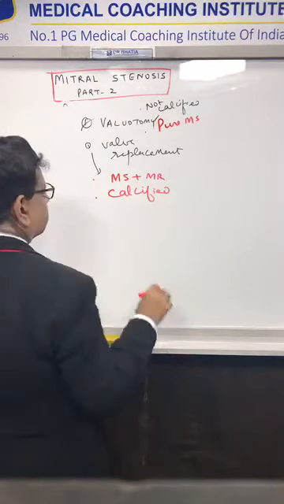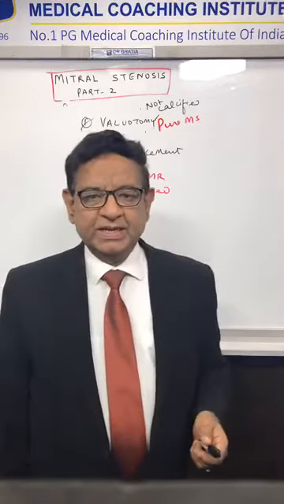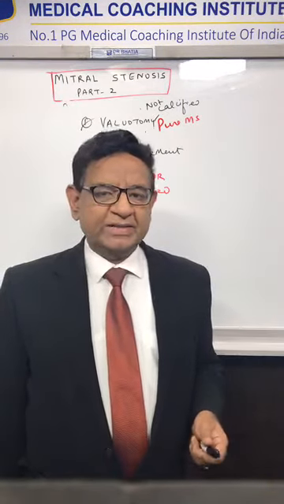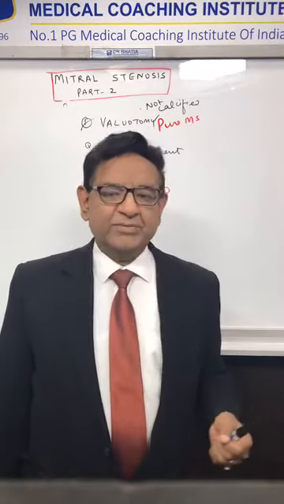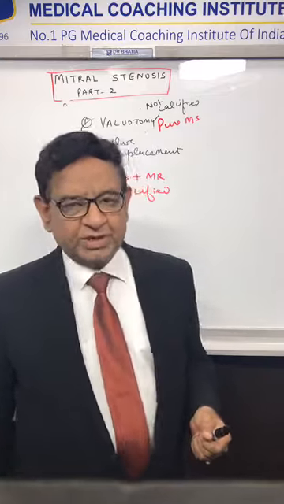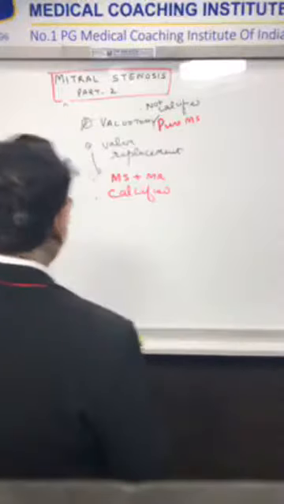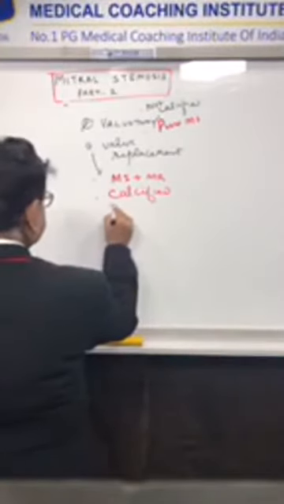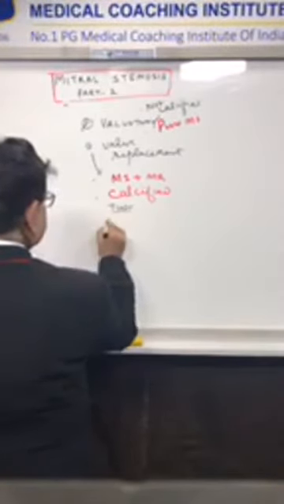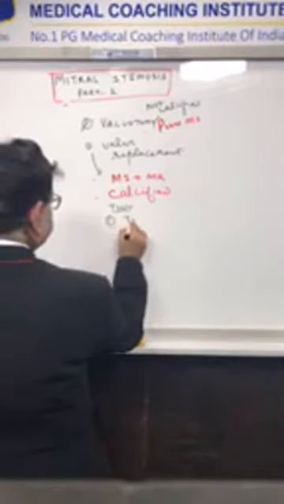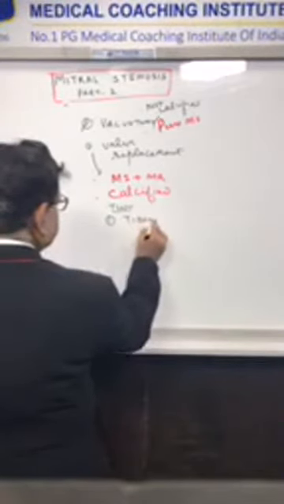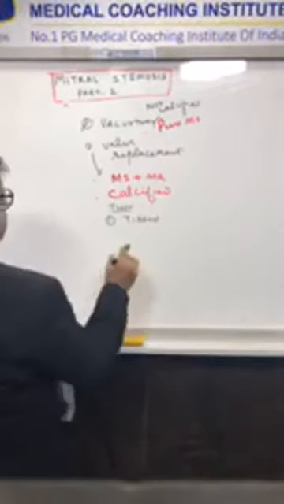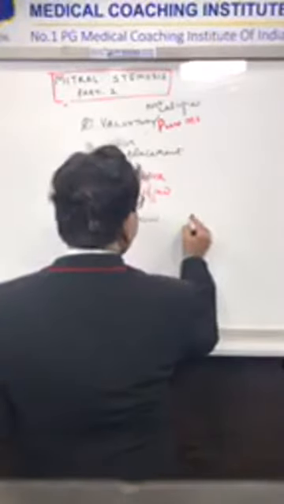Now, when we are replacing the valve, that means you are putting some new valve in the place of the original one. So what types of valves do we have? We have two types of valves. One is the tissue valve, and the other is the metallic valve.